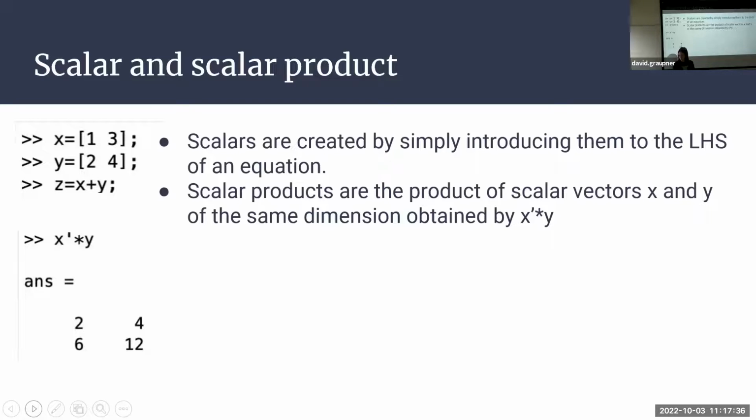Scalar products are the product of vectors x and y of the same dimensions, obtained by the transpose of x times y. Scalars are represented only by their magnitude. Examples are mass and speed, which are both scalars.